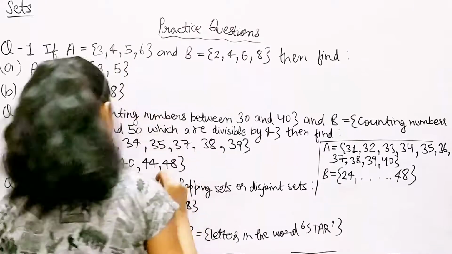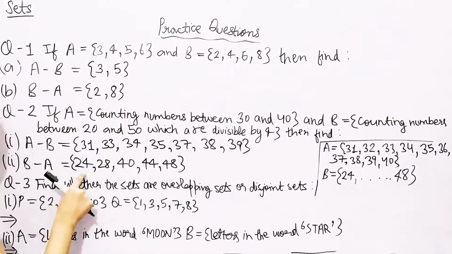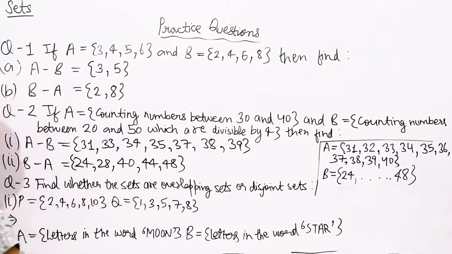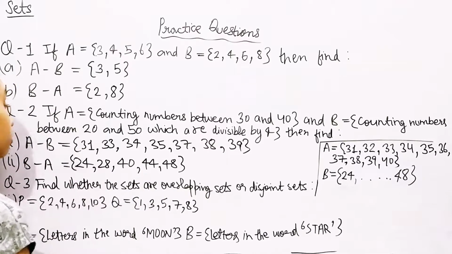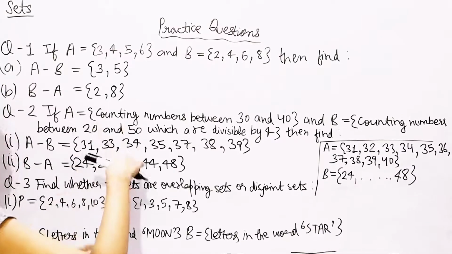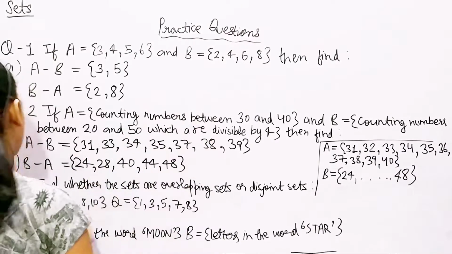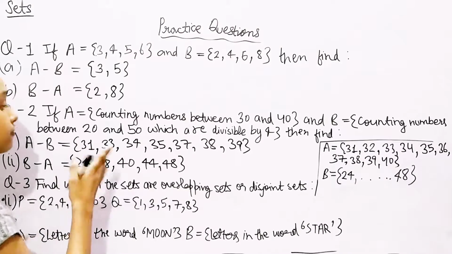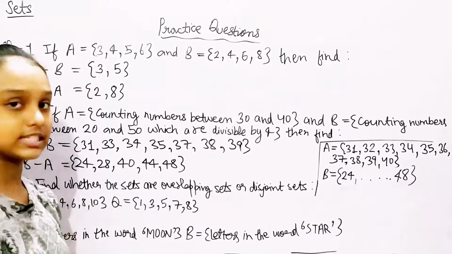Finally 48. So we can say 24, 28, 40, 44, and 48. So this was the solution of both parts. A minus B is equal to the elements 31, 33, 34, 35, 37, 38, 39. And the second part, B minus A is equal to the elements 24, 28, 40, 44, and 48.